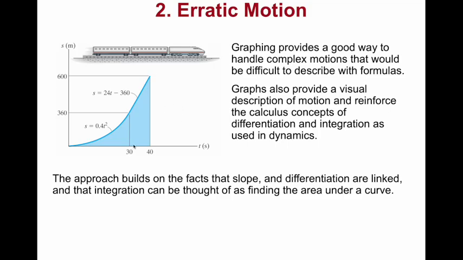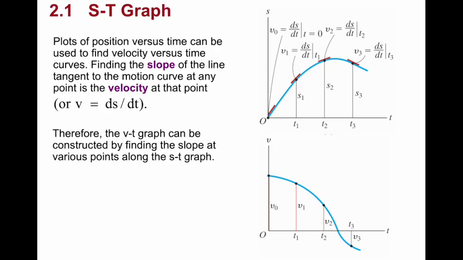So for example, if we have the displacement, or position, graph against time, with different time intervals based on this origin, and I want to find the velocity, I have to differentiate.